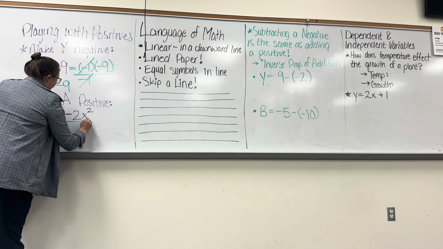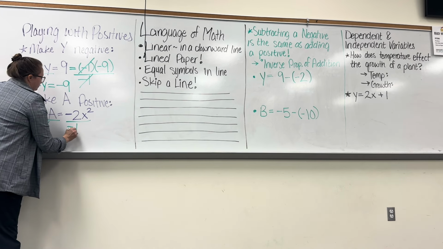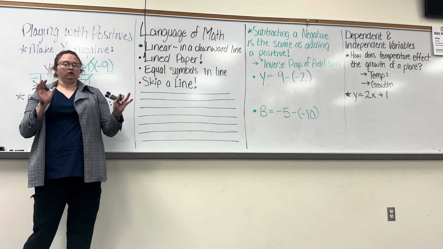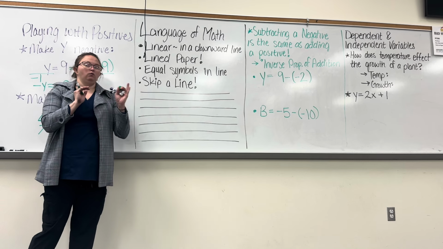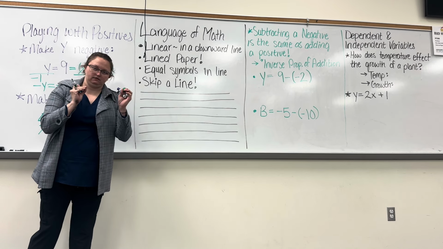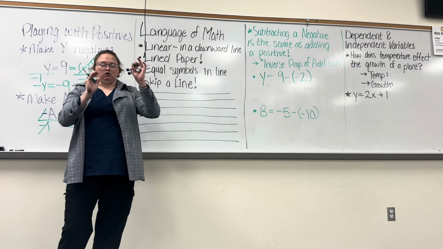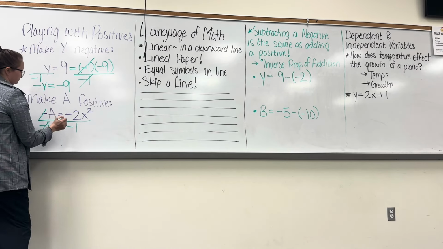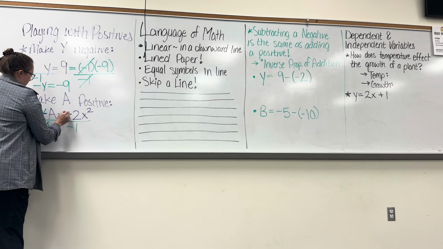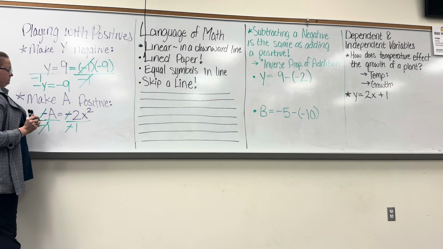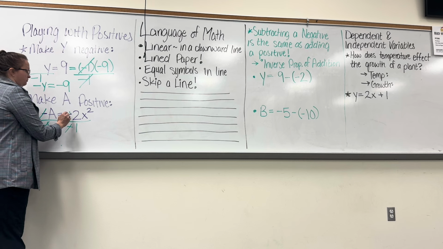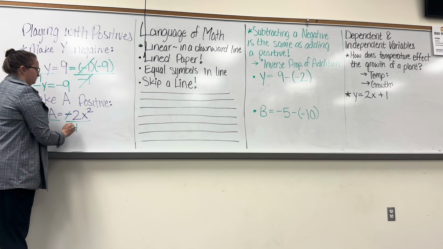You're going to divide the other side by -1. -2 divided by -1 is a positive. So a negative divided by a negative is also a positive. So that negative here is going to cancel each other out. You just have +2 over 1. Okay?